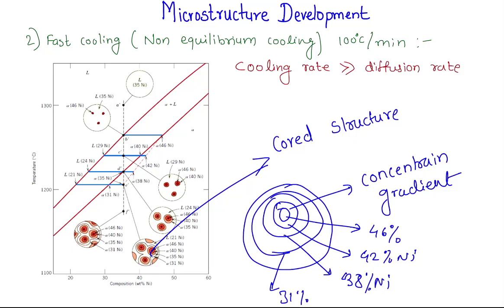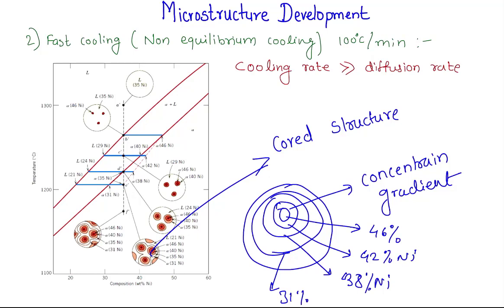So in the process, first 46 weight% nickel will get solidified, then 42 weight% nickel, then 38 weight% nickel, and so on. If you observe the microstructure, it will have layers, like a concentration gradient from the center to the outer side.